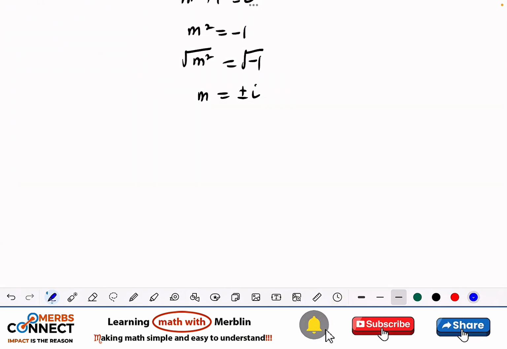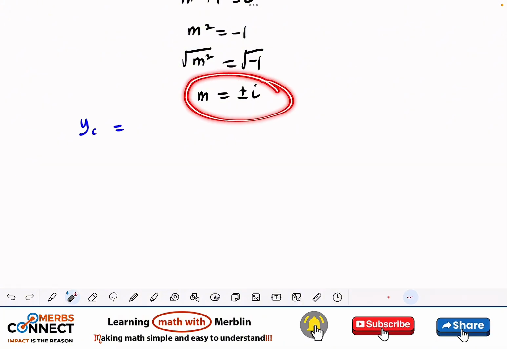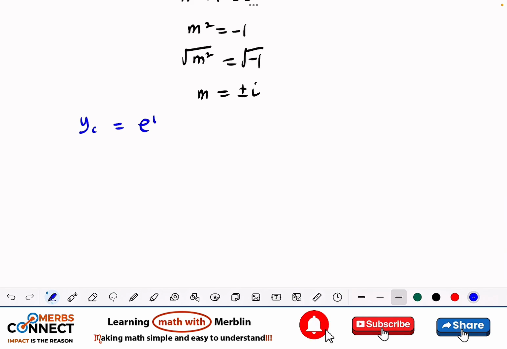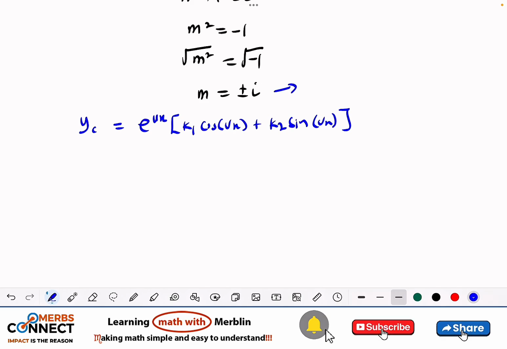Now we are going to write our complementary solution. And remember, whenever we have a complex root, we need to use e to the power ux times k1 cos vx plus k2 sin vx, right? So here our u is 0 and our v is 1.